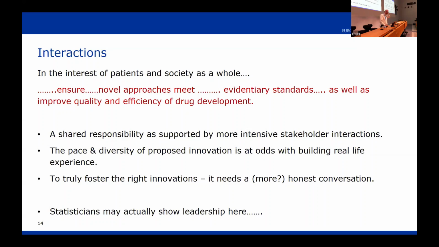And I'm saying it here because my guess is that among the groups discussing this, the statisticians are closest to some of those issues and have a difficult time convincing others. My guess is you've been in a situation where you go home and you say, I told you so.